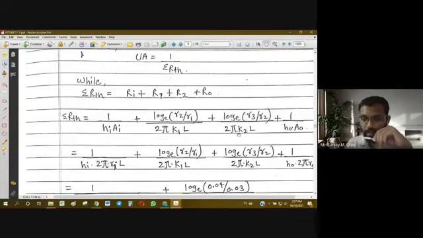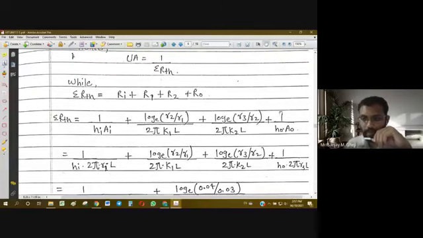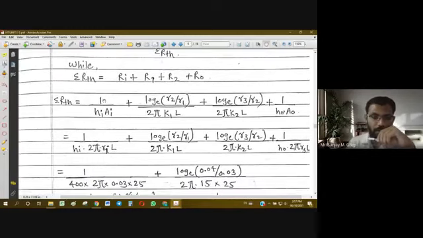Divided by 2 pi K2 L. K2 is the conductivity of insulation, and L is the tube length. And the convective resistance is 1 upon ho into the outside area Ao. Now we have to find Ai and Ao, because the inside area depends on the inner radius and the outside area depends on the outer radius.